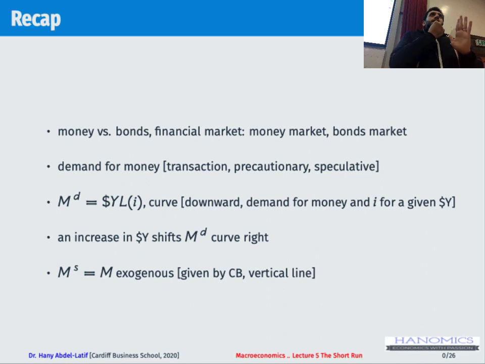Moving to the supply side, money supply is determined by monetary authorities, mainly the central bank, and that's why we treated money supply as exogenous and draw the money supply curve as a vertical line. It's not determined within this model; it's an exogenous variable.